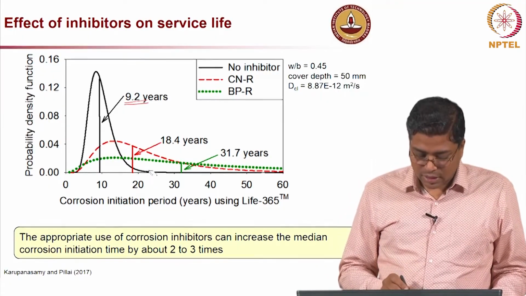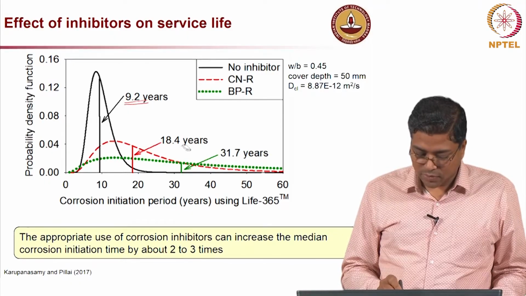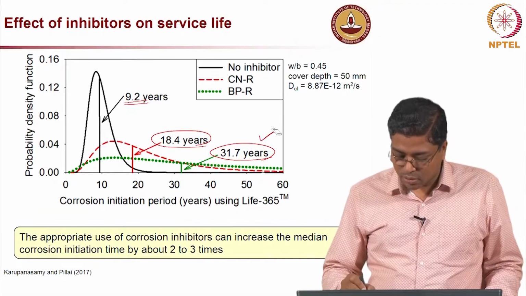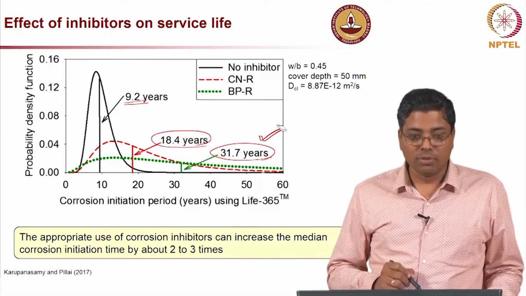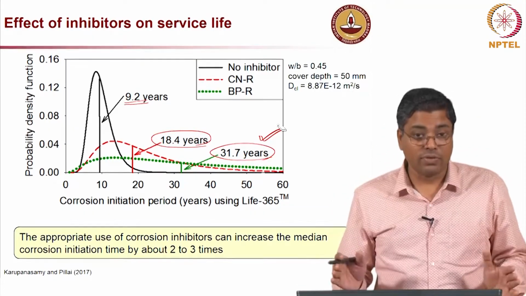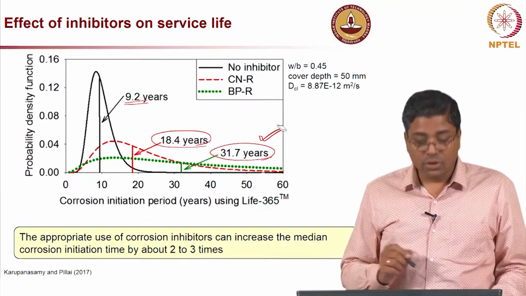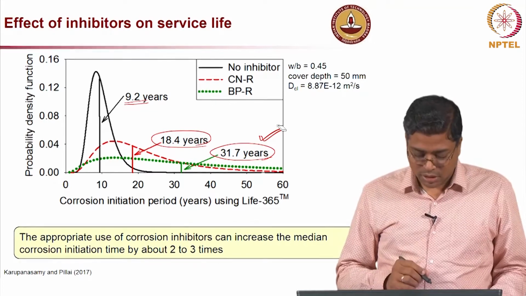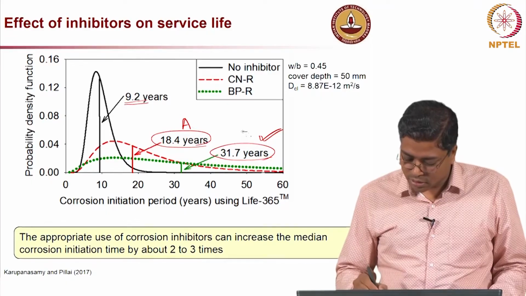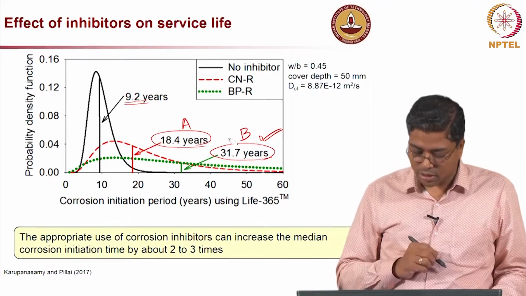With inhibitors we get about 20 years or 30 years. Especially this one is for the bipolar inhibitor. So, a 3 times increase in the service life is possible by using bipolar type corrosion inhibitors. This was for the case with anodic inhibitors, and this was for the case with bipolar inhibitors.